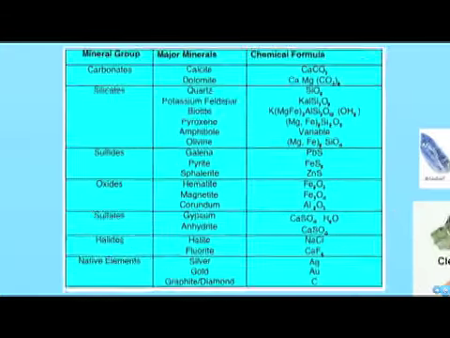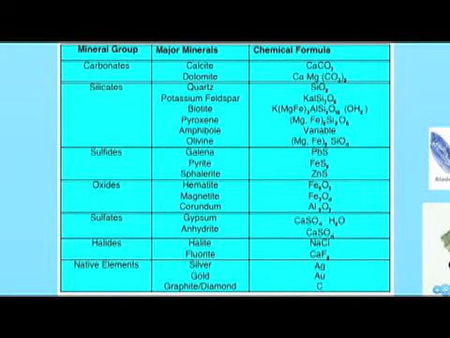So first, I'm just going to mention really briefly that there are a bunch of groups of minerals. Minerals have a certain definition we'll get to in a minute, but we tend to break them up into different groups. There's the carbonates and the silicates and so on. The biggest of which are the silicate mineral groups.